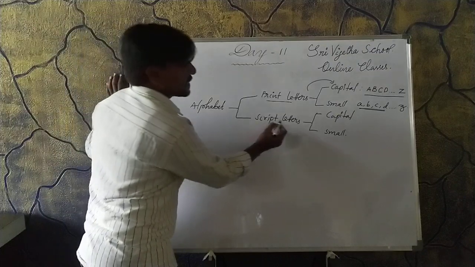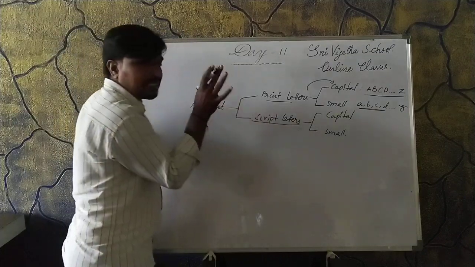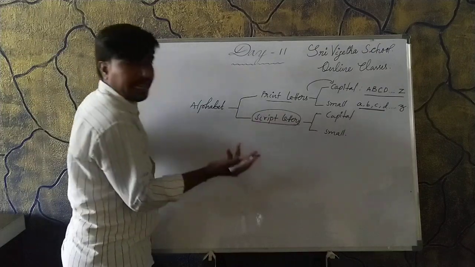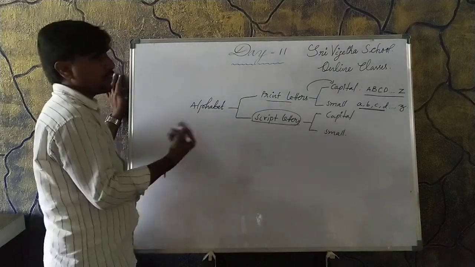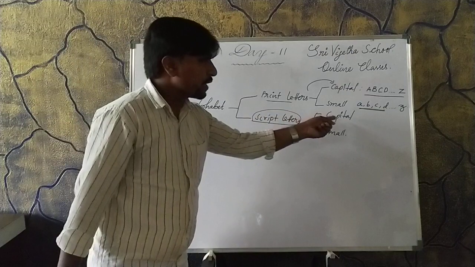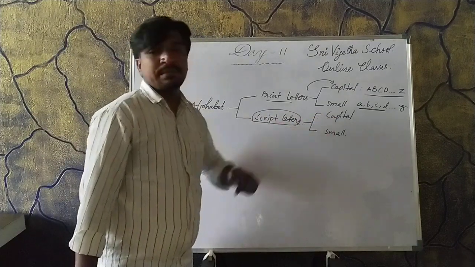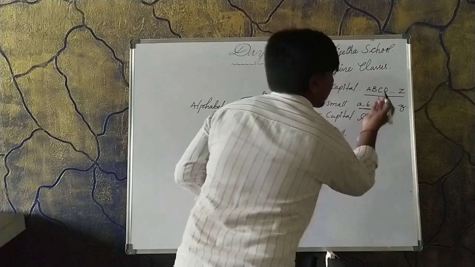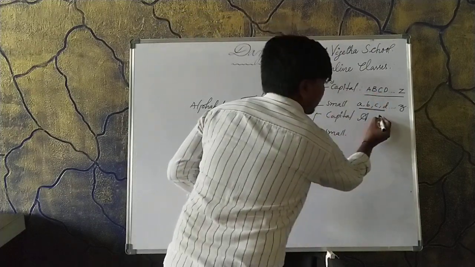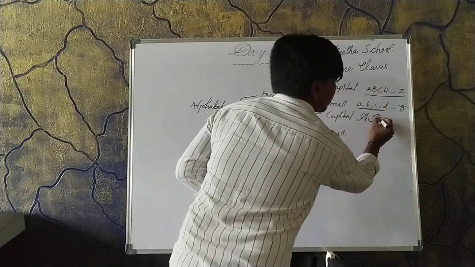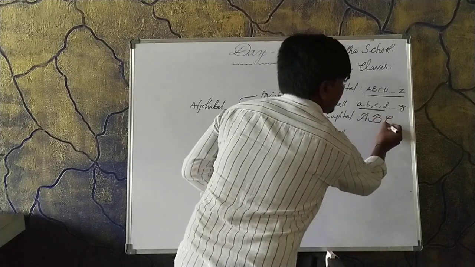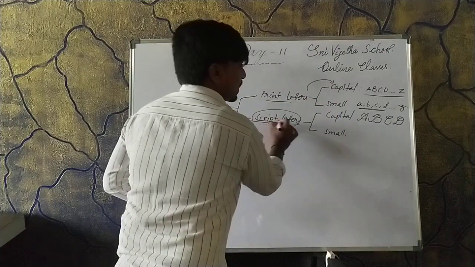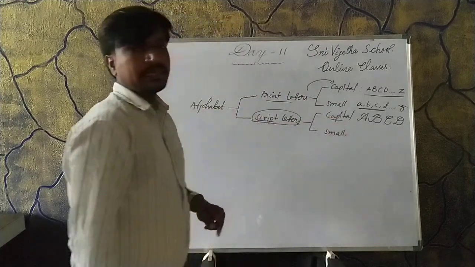Next, script. Print means which can be printed in the textbooks. Script means which we write. We often write, and those are also of two types: capital letters and small letters. Look here: capital letters A, B, C, D. These are script capital letters.